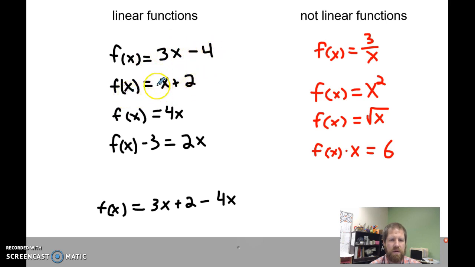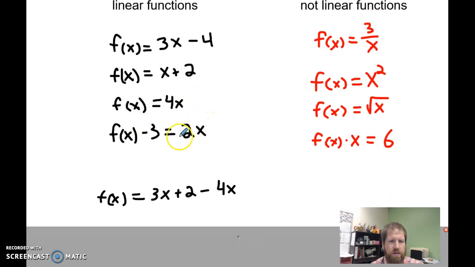Same thing here, even though I don't have a number next to x, it's still a linear function. Here I'm basically adding 0, right? I don't have a y-intercept. It's still a linear function because I have a number times x, and I don't have any squares, any exponents, any square roots. I'm not dividing by my variable or anything weird like that.